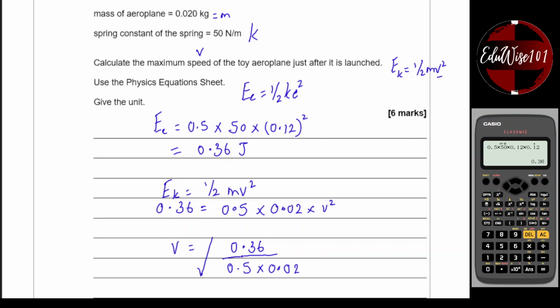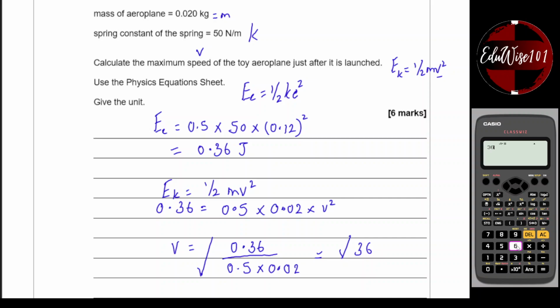So let's do this calculation. As a fraction, 0.36 divided by 0.5 times 0.02, that gives me 36. So the square root of 36 should be 6.